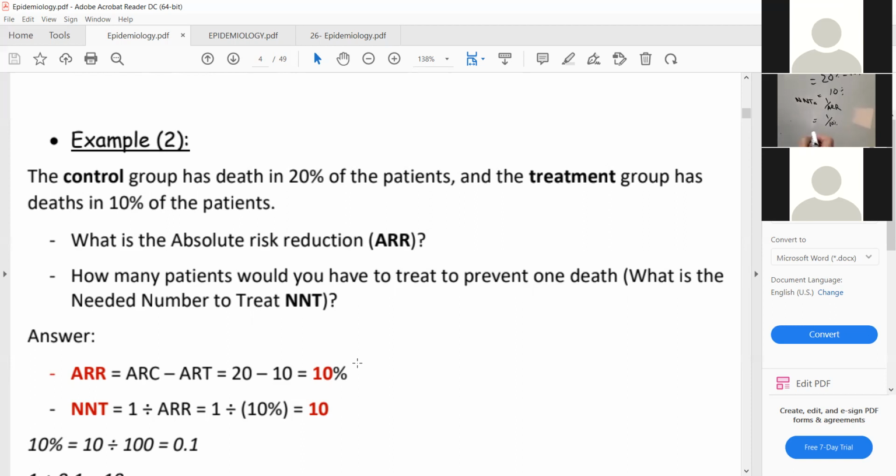So 10% is basically 10 over 100, and 1 over 10 over 100 is 100 over 10. Tens in 100 are 10. So NNT is 10.